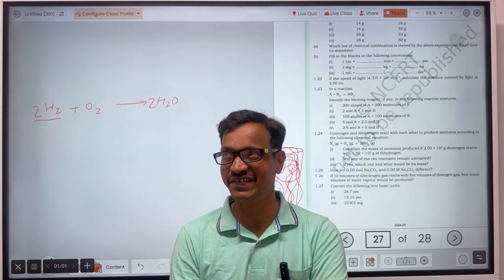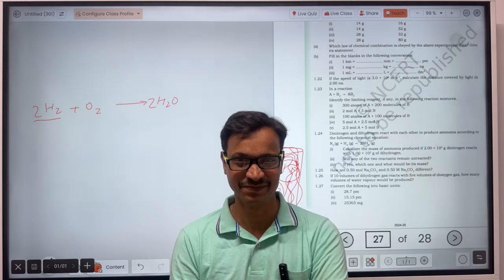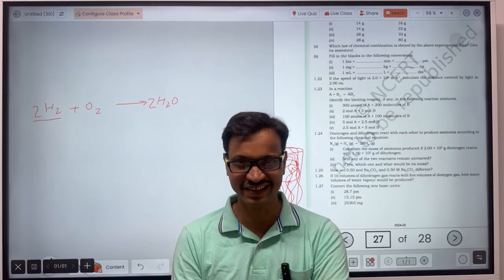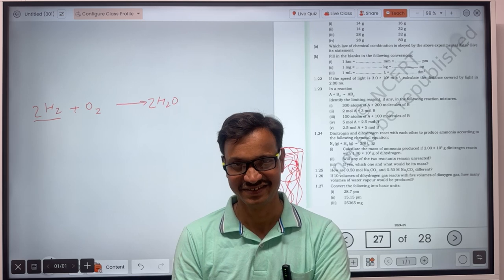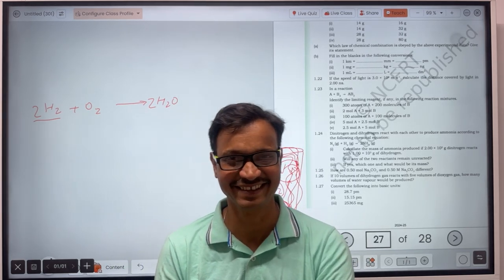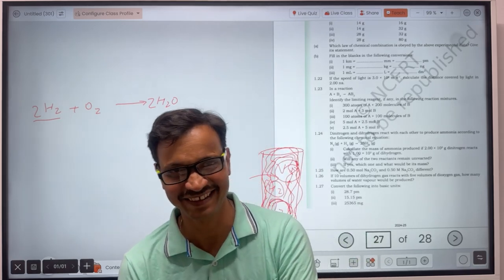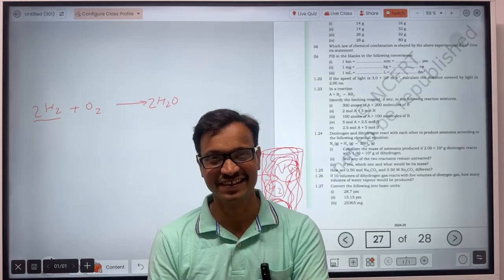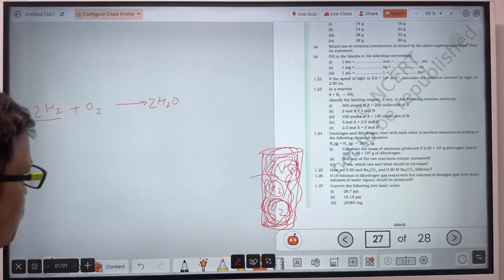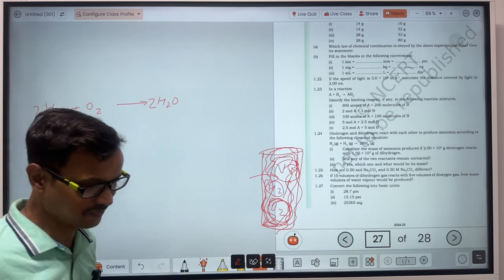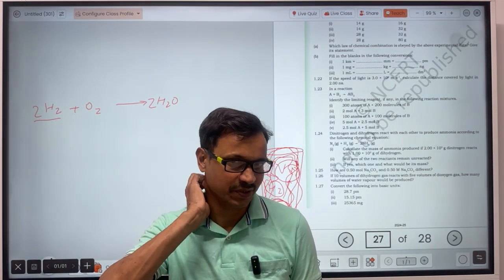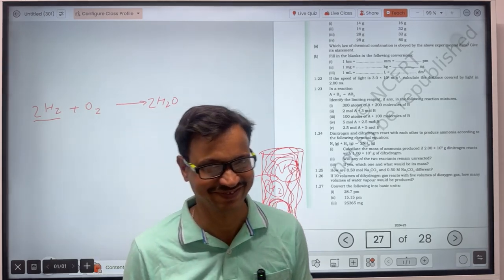You can also go anywhere in the whole of India without any visa, and your friends can also go anywhere in India without any visa. So if you are saying that India is my country, I can also say that India is my country. Your friends can also say that India is my country. In the same way, the volume of the hydrogen will be equal to the volume of the container. The volume of oxygen will be equal to the volume of the container, and the volume of water vapor will also be equal to the volume of the container.